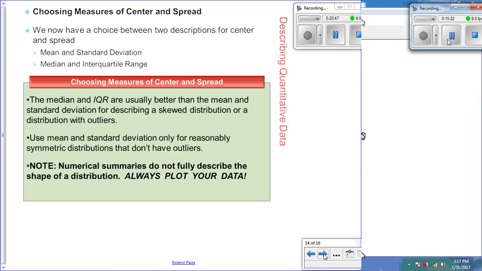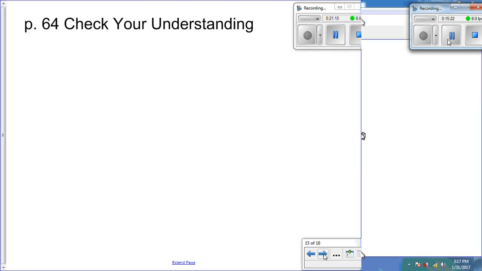Median and IQR are usually better when it's skewed or there's outliers. You can still use your range in there for either one, but at this point we're going to limit it to the median and IQR when it's skewed or with outliers, and we'll use mean and standard deviation when it's roughly symmetric. So go ahead and take a second and do the check your understanding on page 64.